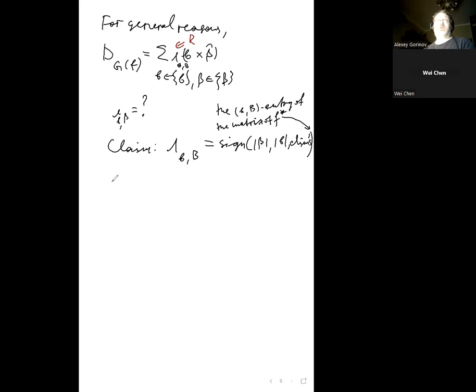And it does make sense to consider matrices, and it does make sense to consider matrices of linear maps.